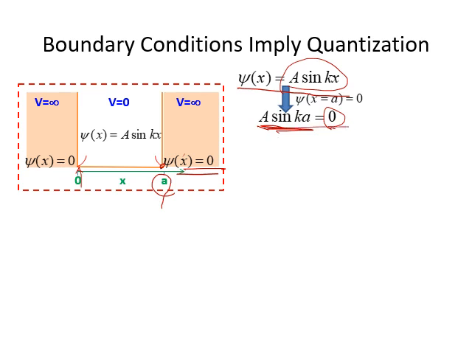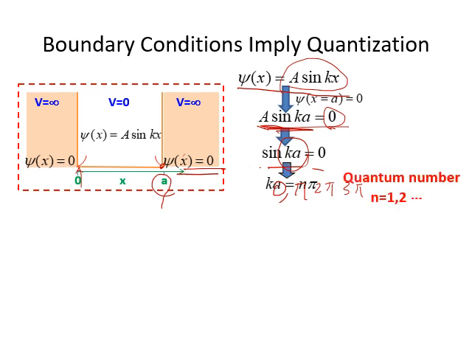For this to be true, sine ka has to be 0. So what kind of ka makes sine 0? It can be 0, it can be pi, sine pi is 0, sine 2 pi is 0, sine 3 pi is 0, and therefore the general solution is ka equals n pi. And therefore k is n pi divided by a. What is n? n can be 1, 2, 3, it's just integers, and it goes on.